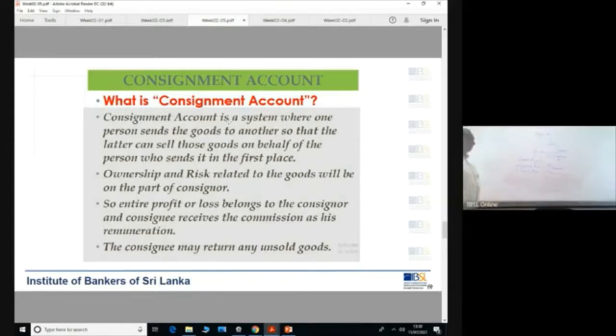Okay, then altogether 4. There's another payment method which I have not mentioned, that is consignment basis.